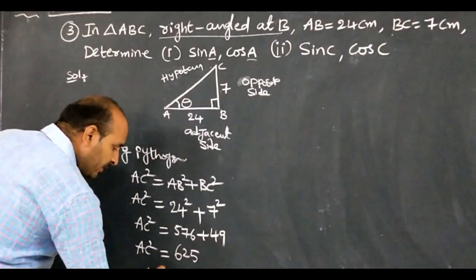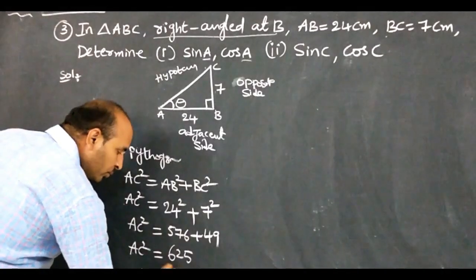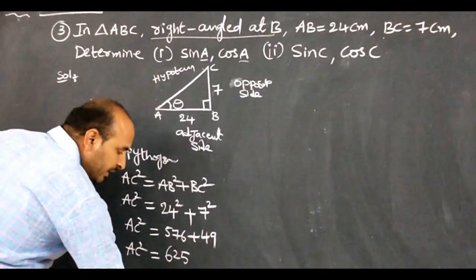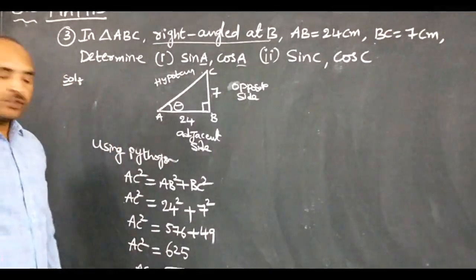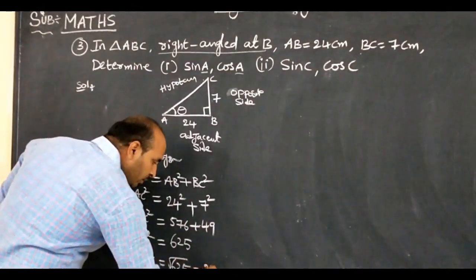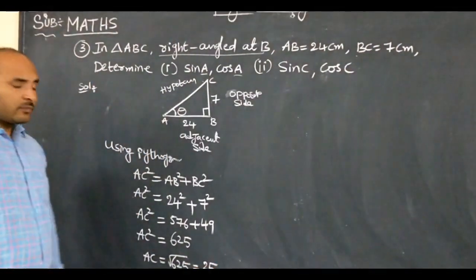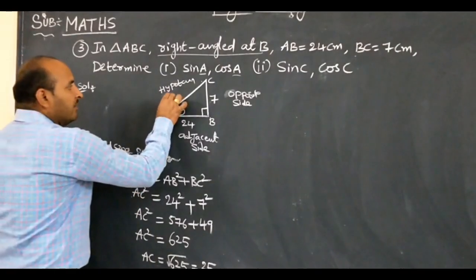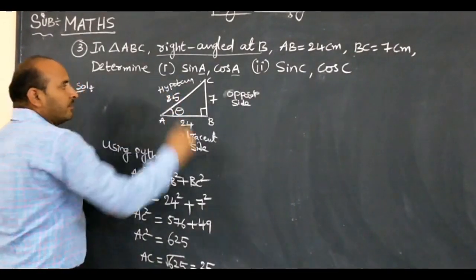So AC is equal to root 625, the perfect square root, which is 25. So now the AC side value is 25.